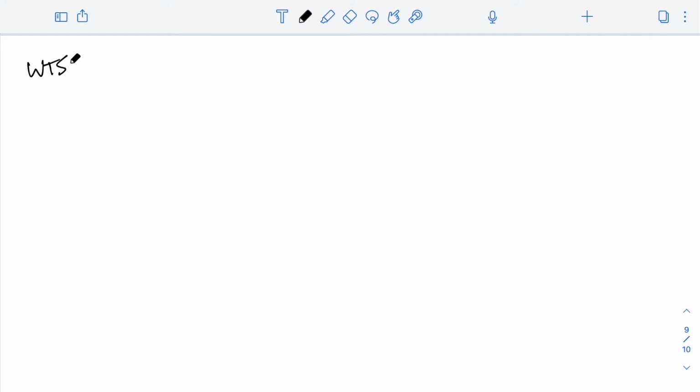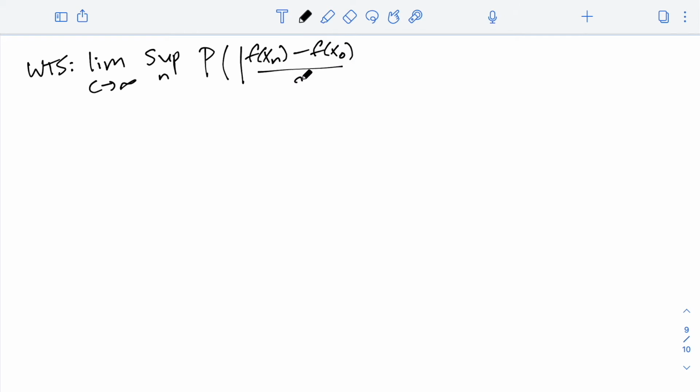We want to show that the limit as c goes to infinity of the supremum over all n of the probability that |f(xn) minus f(x0)| over an is greater than c is 0.